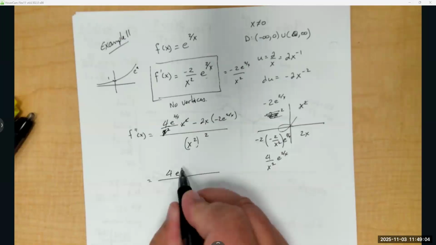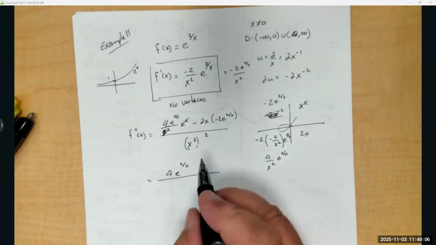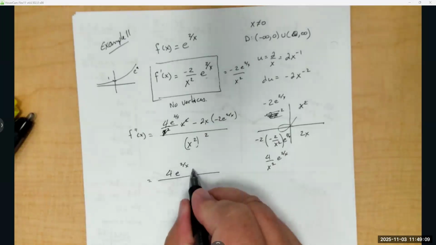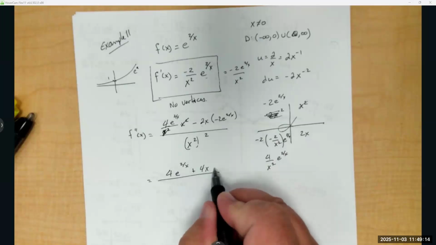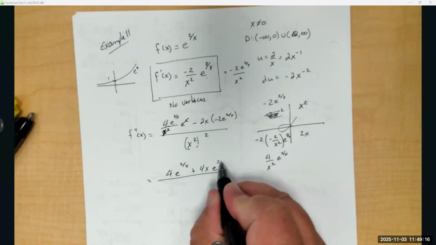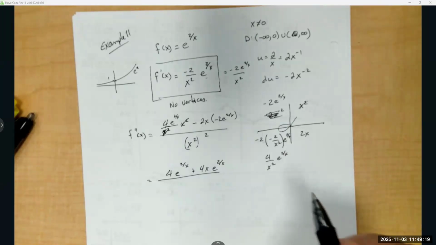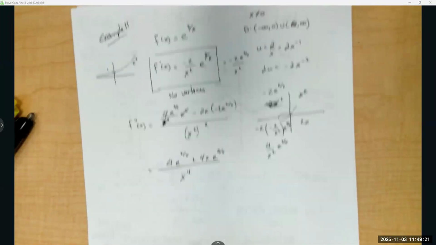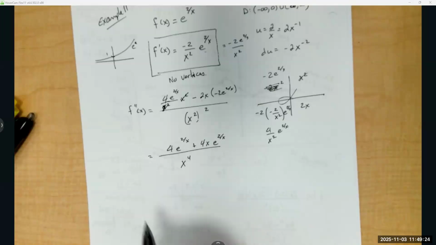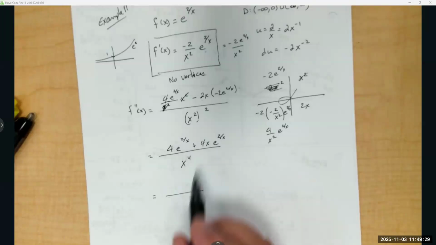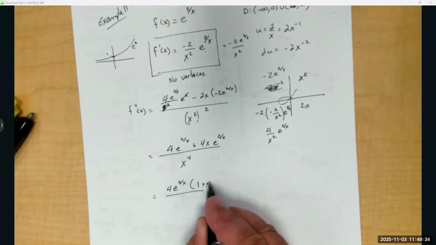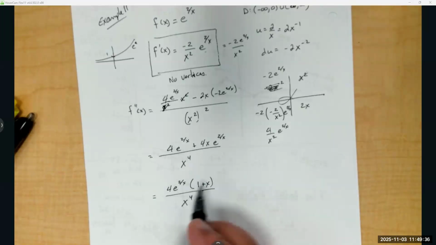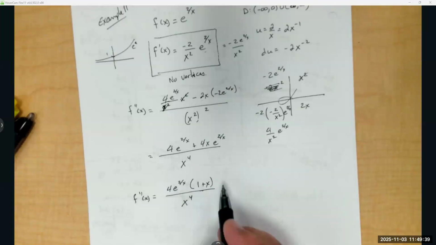It's 4e to the power 2 over x plus 2 times 2 is 4x e to the power 2 over x, all over x to the fourth. We can factor out a 4e to the 2 over x, which leaves 1 plus x over x to the fourth. So that's my second derivative.